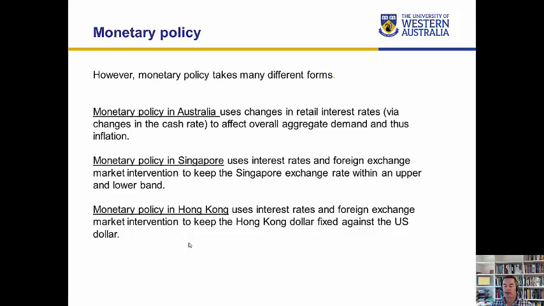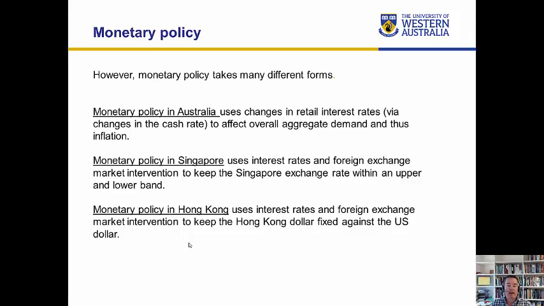So the whole idea of monetary policy in Australia targeting a 2 to 3% inflation rate is to create the right macroeconomic conditions for long-term growth through savings, investment, capital accumulation, research and development, all of those sorts of things.